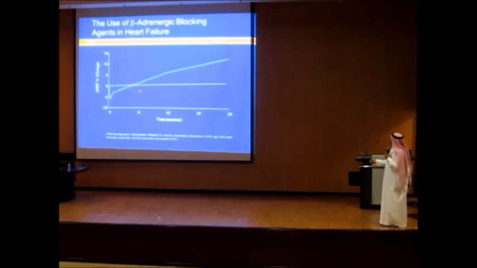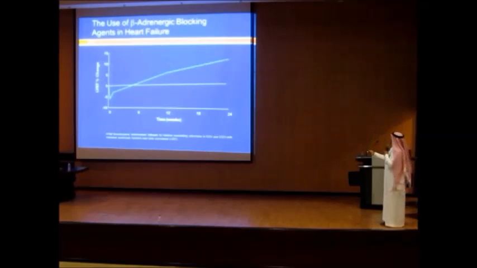After 6 weeks, look at the ejection fraction. It drops by 5%, but after 6 weeks it starts to increase. So if the patient's ejection fraction is 15%, after 18 months to 2 years the ejection fraction will improve by 15%, from 15% to 30%, and up to 40%, almost normal.